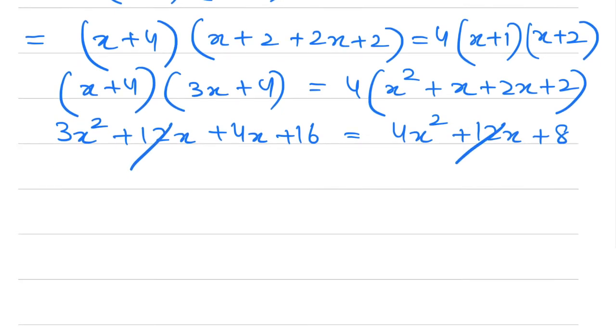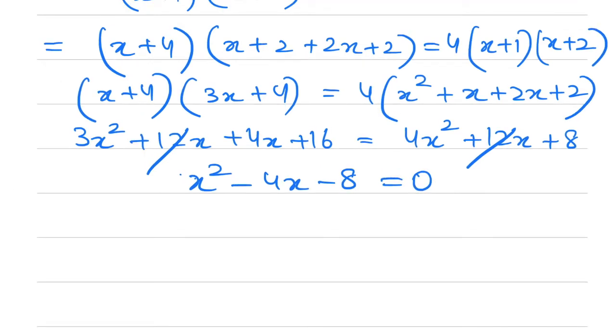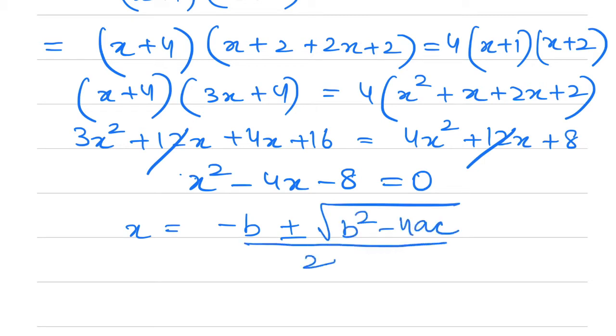12x gets cancelled. Taking everything on the right hand side, we'll get x square minus 4x minus 8 is equal to 0. Let's use the quadratic formula. So x will be equal to minus b plus minus square root of b square minus 4ac by 2a.